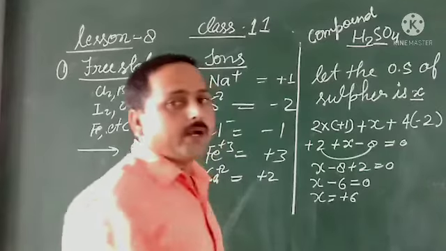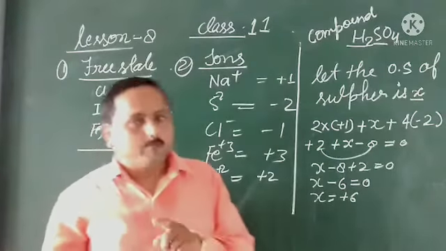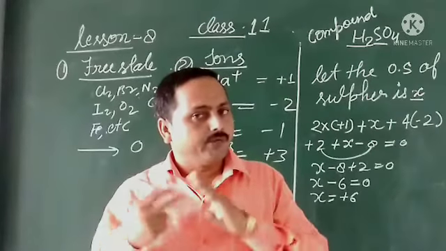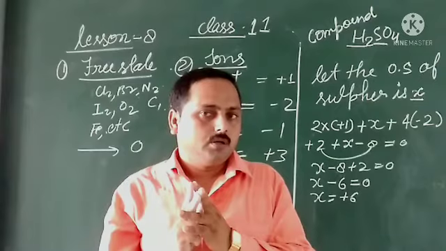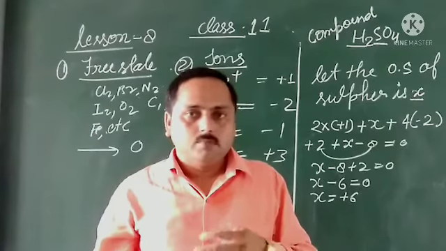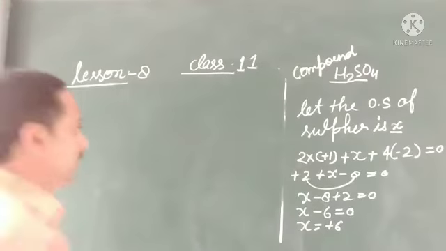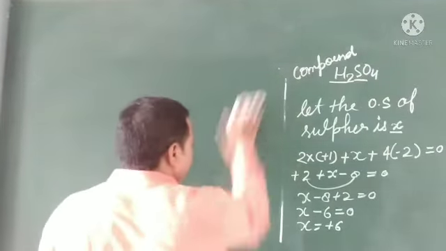So one point you have to remember: the oxidation number of an atom may change in different compounds. So don't be tense about this. In one compound it may have another oxidation state. Okay, we have discussed one, and next example.